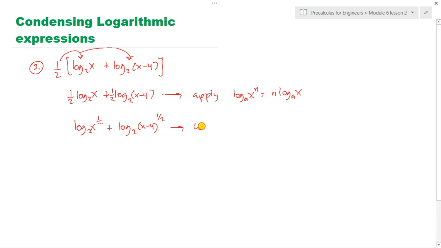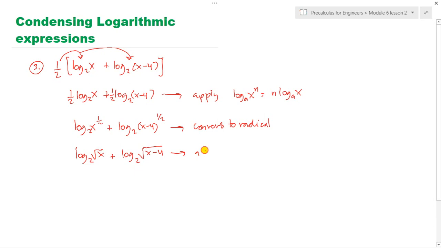Then convert to radical expression. So naa man siya og log of square root of x to the base of 2 plus the log of the square root of x minus 4 to the base of 2.